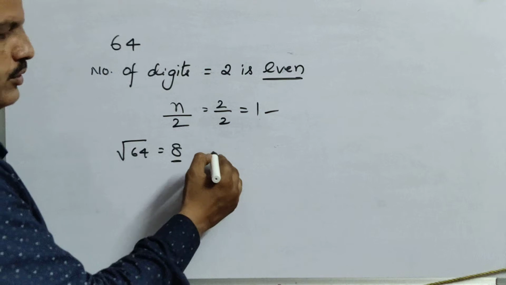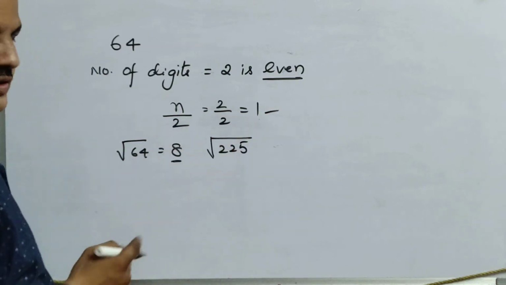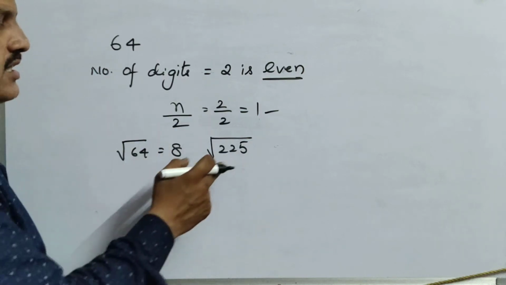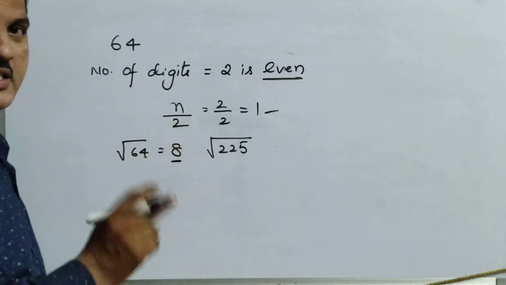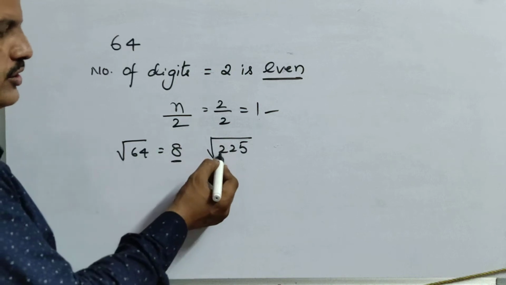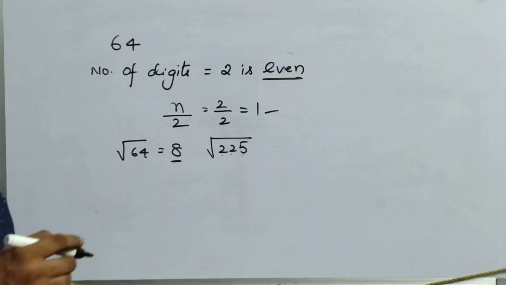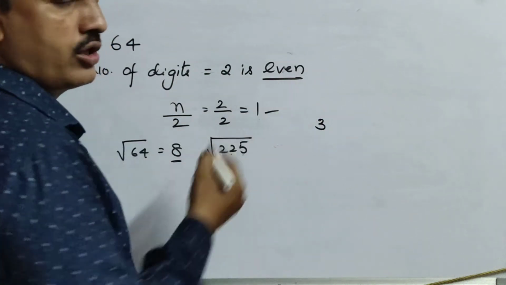I'll give one more example. 225. The square root of 225, it is asking how many digits in the answer you are going to get. It is not asking for the exact answer. How many digits will you get for 225? First count how many digits you have. 1, 2, 3. 3 is even or odd, children?